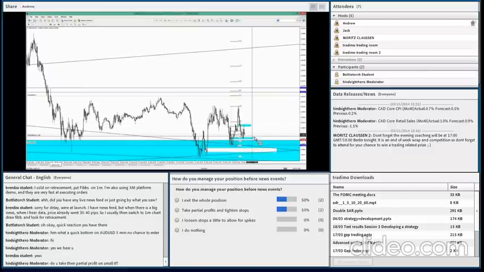So you start at 1-to-1, risking 1 to make 1, but now you reduce the risk and you're looking at 5 pips to make 20 pips. Okay, so that makes sense.